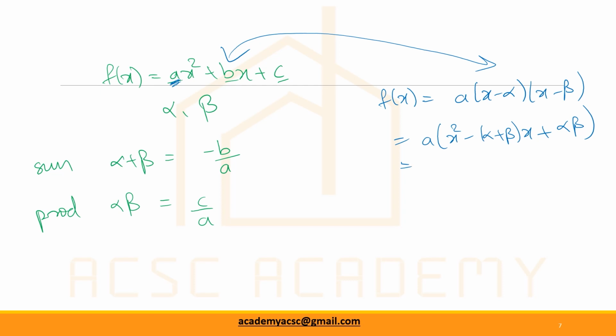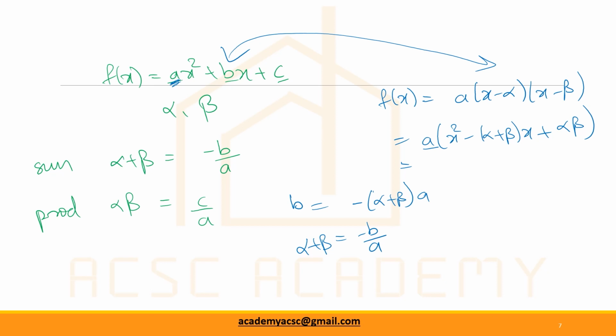So we compare both of them together. The coefficient of x squared is the same. The coefficient of x is b, and here it is minus of (alpha plus beta), that too multiplied with a. So both of them have to be the same, and from this we reach that alpha plus beta has to be minus b by a.